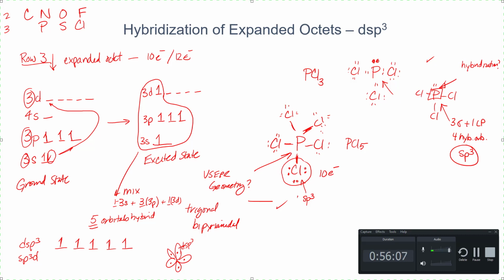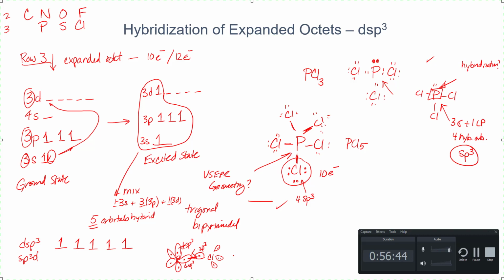That means there's 4 sp3 hybridized orbitals. It's tetrahedral. So my chlorine would have a tetrahedral geometry with 2 electrons in each of the 3 orbitals. This is an sp3 hybrid orbital. This is a dsp3 hybrid orbital, and I'm going to overlap each one of those to form the sigma bond. And do that 4 more times and you have PCl5.